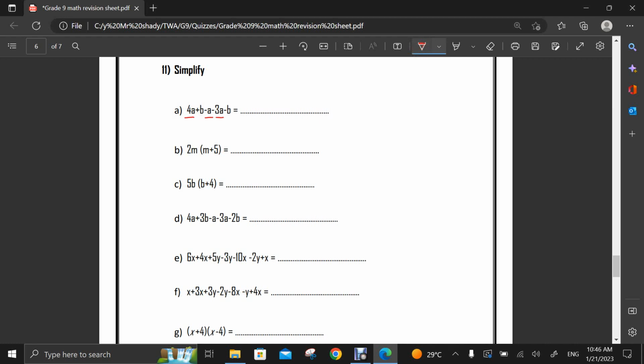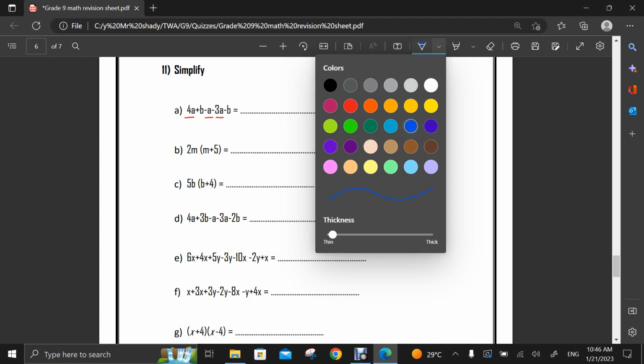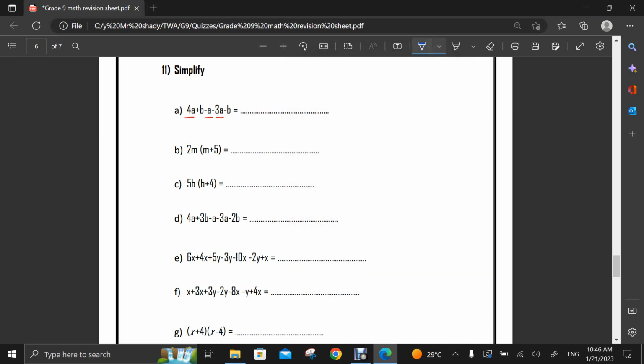And I have also positive b and negative b. Of course, positive b, negative b, it will be 0. So it's cancelled here. Now we have 4a minus a, which is 3a, and 3a minus 3a is 0 also. So all of them cancel. So this will be 0.